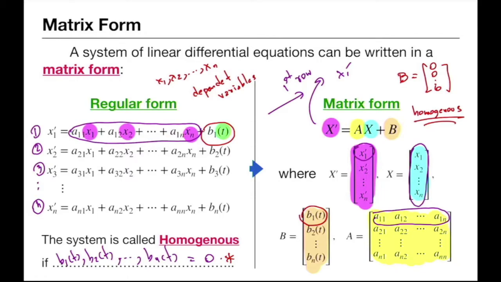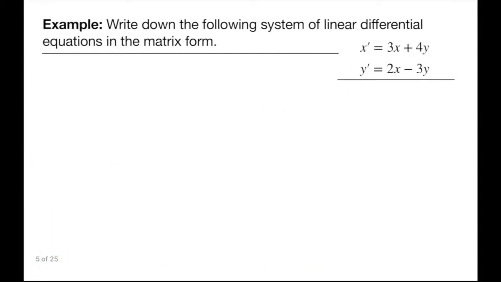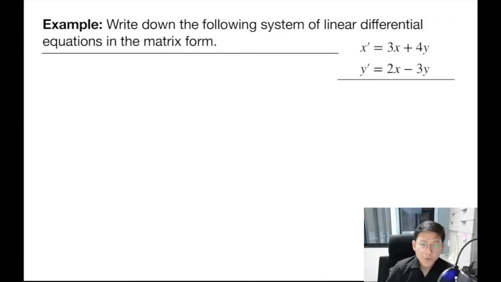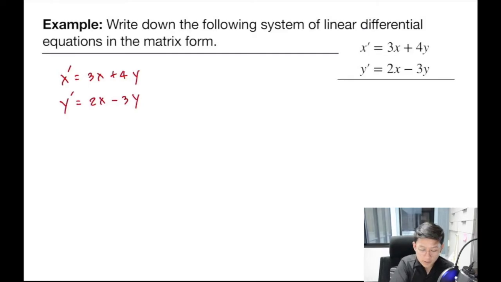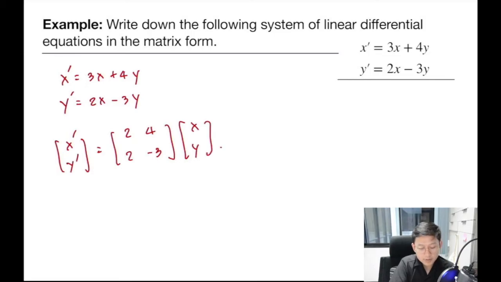Okay, let's look at these examples. The first example: write down the following system of linear differential equations in matrix form. Here x prime equals 3x plus 4y, and then y prime equals 2x minus 3y. And here I can write this down as x prime, y prime equals the matrix 3, 4, 2, minus 3, times x, y, right?